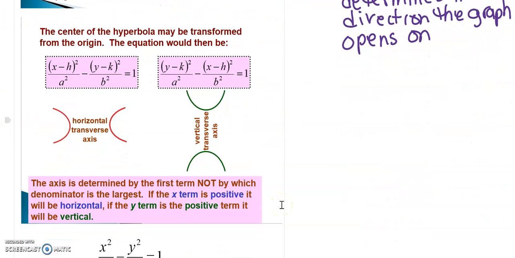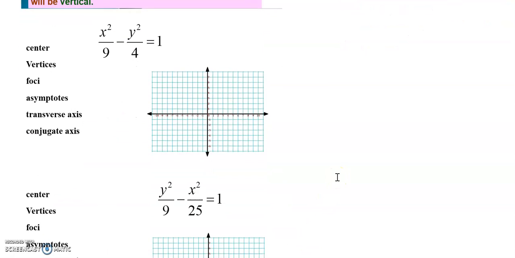Now, the center of the hyperbola may be transformed from the origin. So if you have a transformation, of course, there's our h and our k. And remember, the h goes with the x, the k goes with the y. All right, so let's just try one, okay?